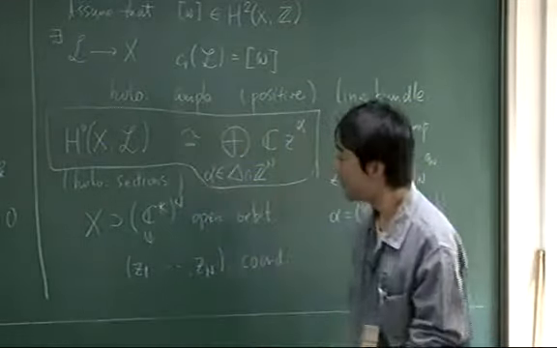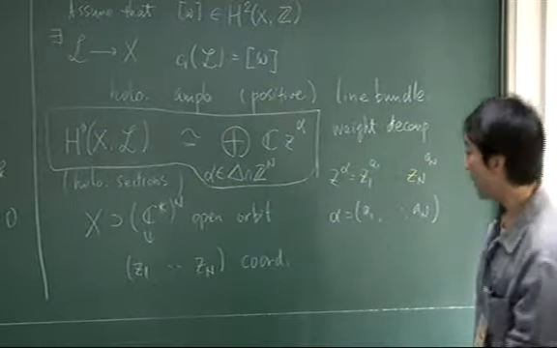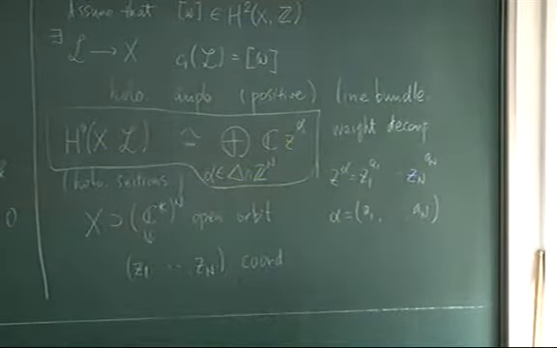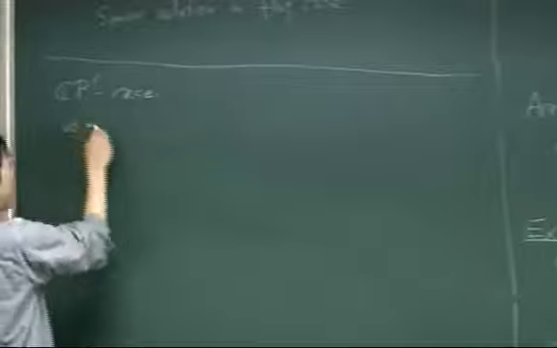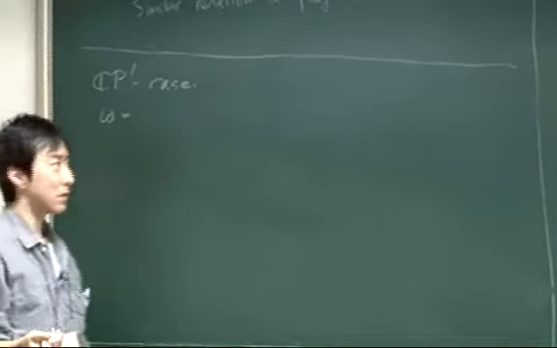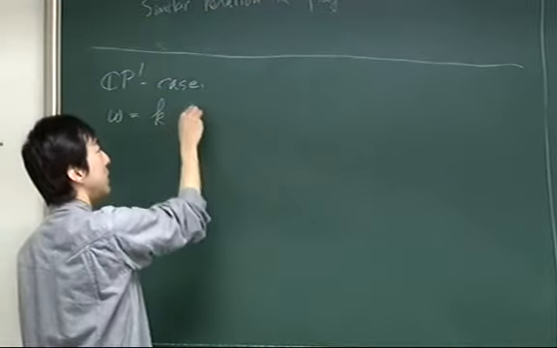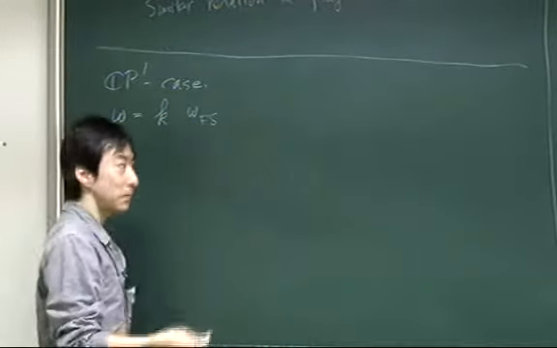Sorry, what happens in the case of CP1? Okay, so before that, the CP1 case. We assume that omega is k times the Fubini-Study form.